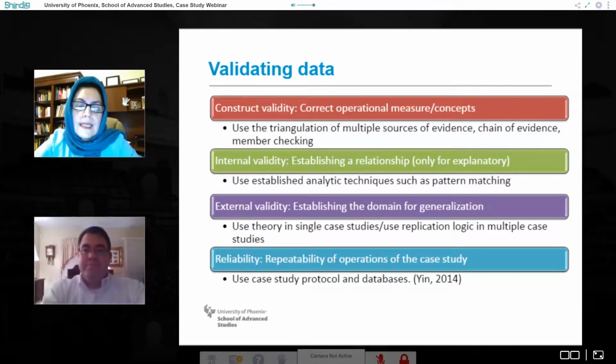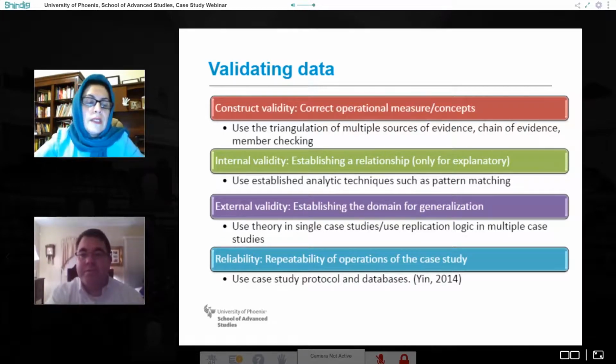And the last thing is reliability. So reliability means repeatability. So basically, how much, if people repeat the same procedure, would they end up with the same result. That's reliability.